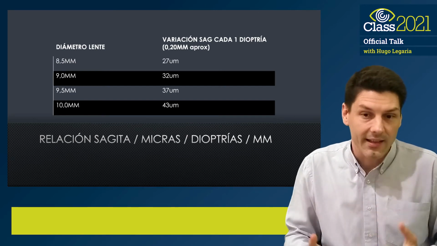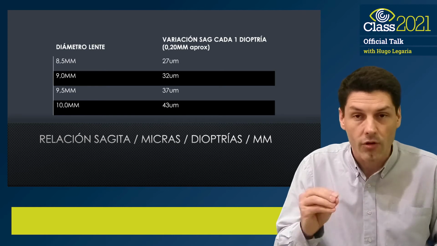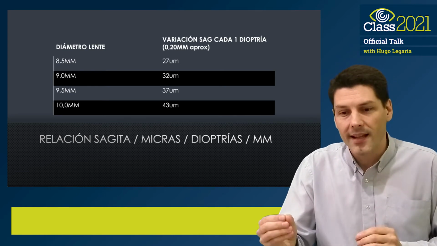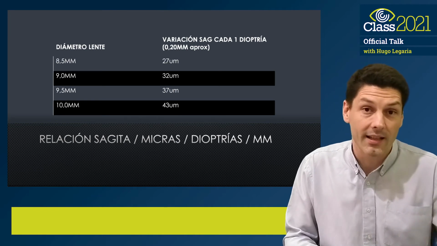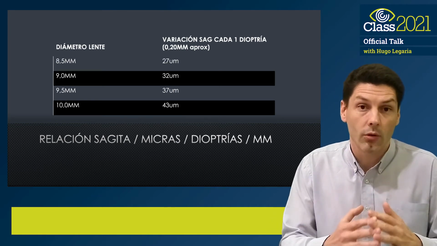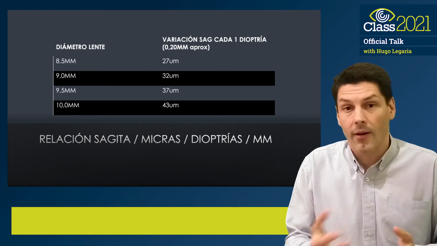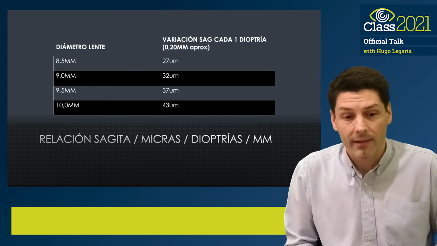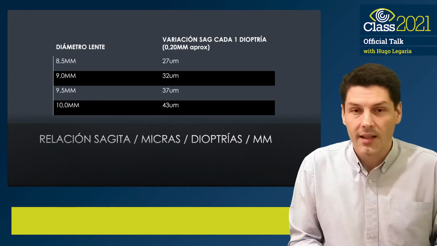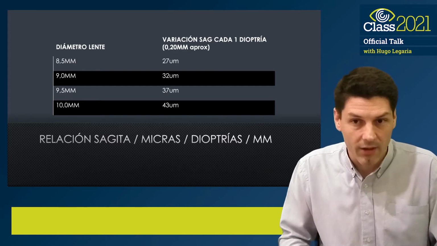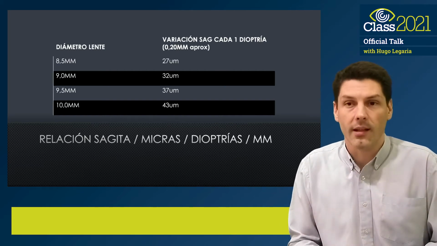Using formulas to calculate sagitta, simulations can be made to know precisely how many microns the sag of a lens varies when I adjust or flatten X amount of diopters. These calculations are summarized here. For an 8.5mm diameter lens, if I adjust or flatten one diopter, it modifies its sag by 27 microns.